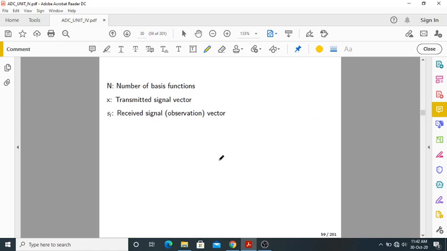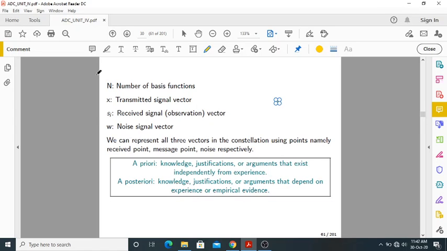These are some simple nomenclature of the given vectors. Sorry, it is reversed. Here X is the received signal vector, Si is the transmitted signal vector, and this is the noise signal vector.